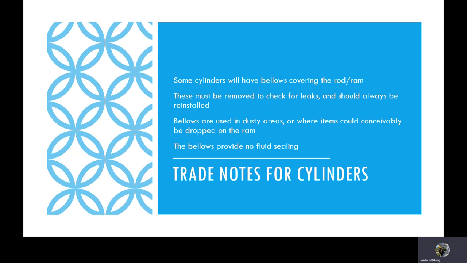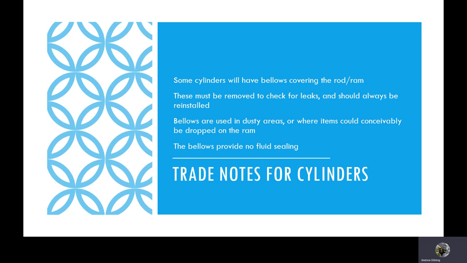So some cylinders will have a bellows covering the rod or the ram, and those are designed to keep dirt out in very dirty environments. You'll see that a lot in excavators or moving equipment that's dealing with dirt or water.